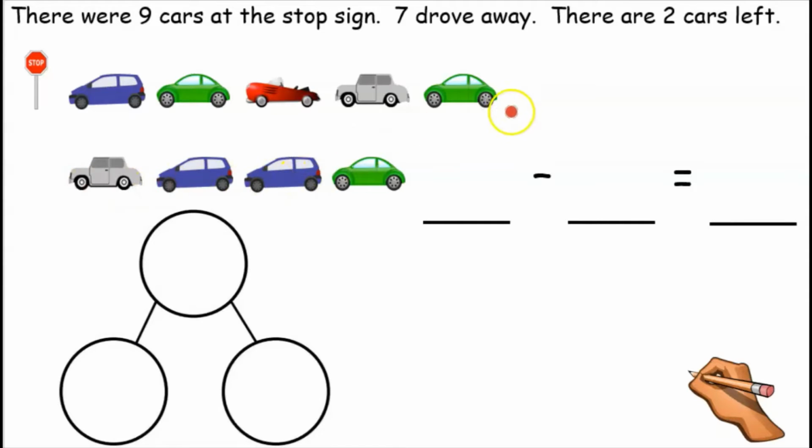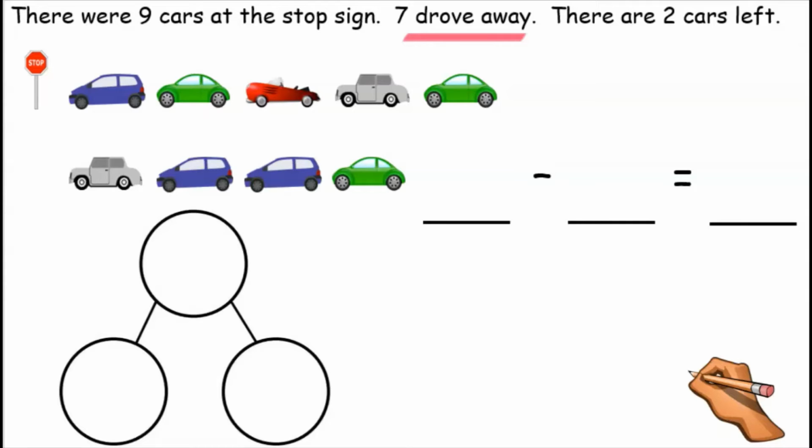Okay, so I have 9 cars that are stopped at the stop sign. 7 drove away. So I want to show 7 drove away. Remember, when we're using cubes or bears or toys, we can show them by taking them away or breaking them away from the group.